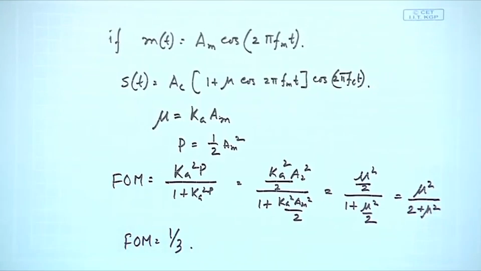So, that is the maximum I can achieve. So, whatever happens for a tone modulation, we can already show that this is the best figure of merit we can get. It can become even worse than this, this is the best we can get. So, this is 1/3 times worse than the corresponding DSB-SC modulation.